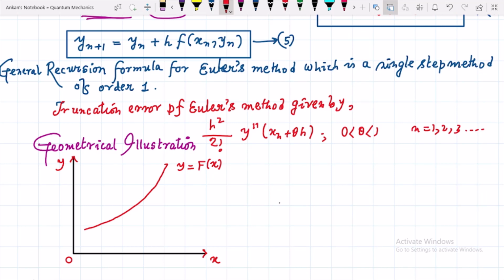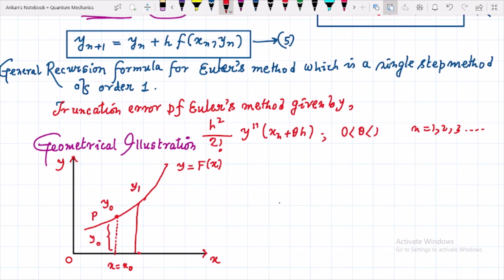So let us say that the initial condition at x equal to x0, you have some value of y, which is nothing but y0. So the length of it is y0. Okay, and at x equal to x1, let the value of y be y1.